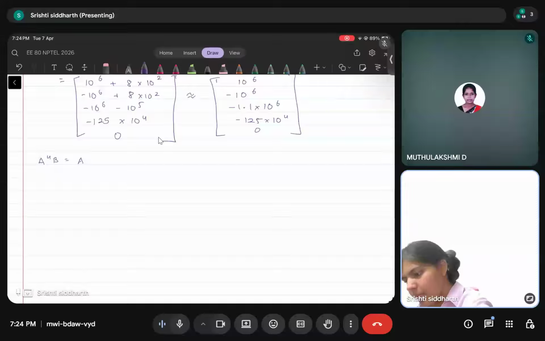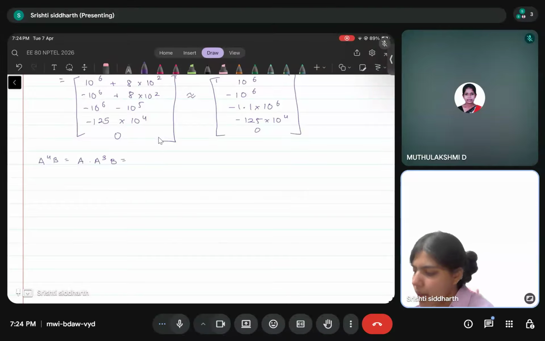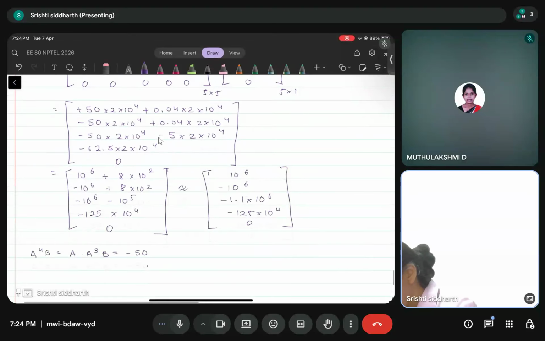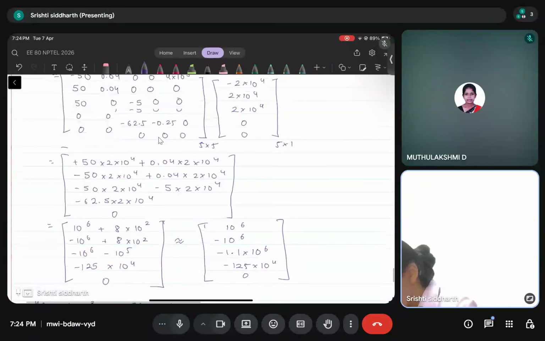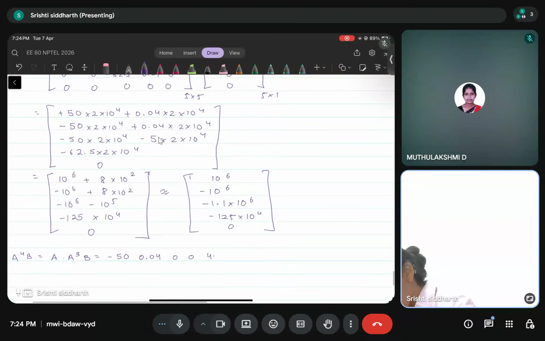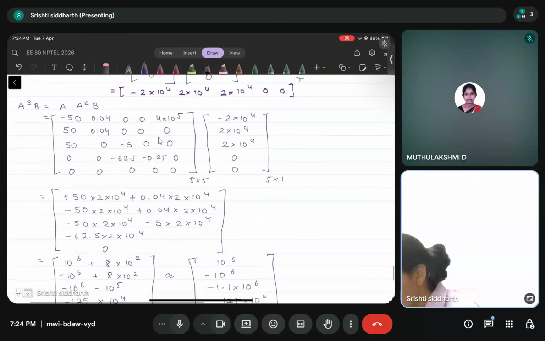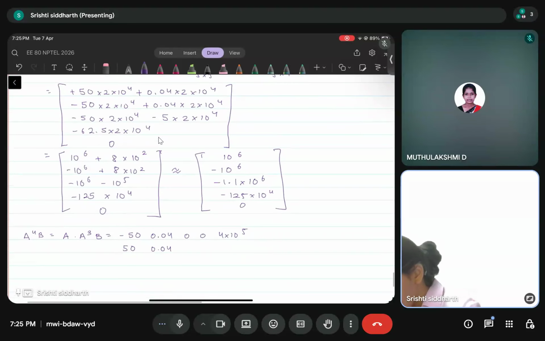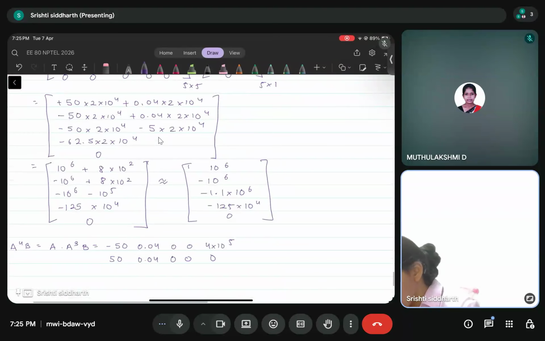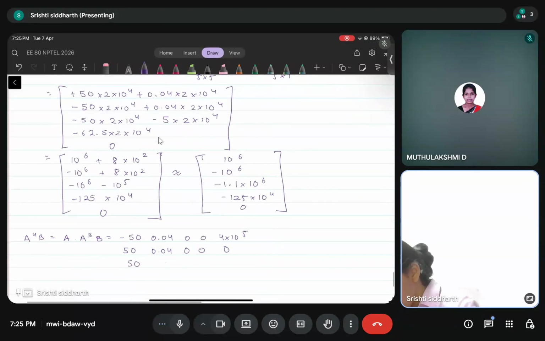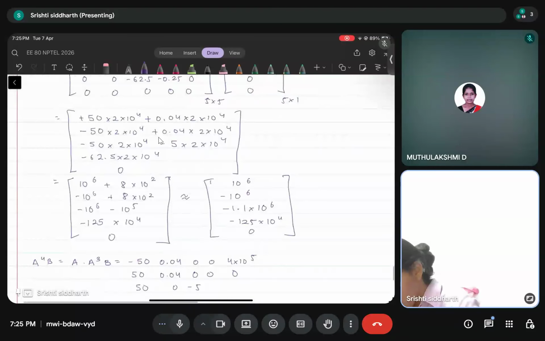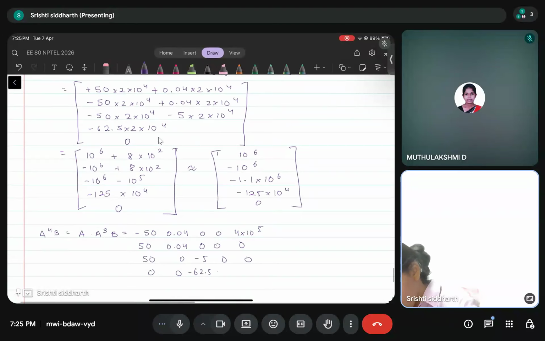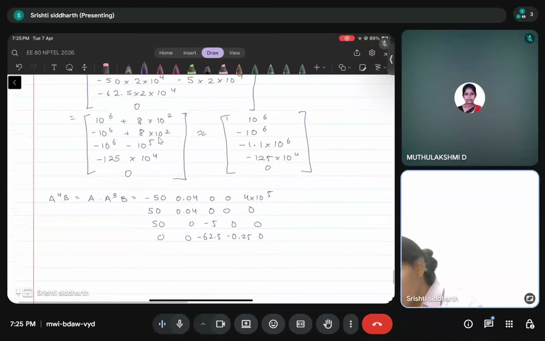Okay, so this is A times A cube B. And let's rewrite A. This is minus 50, 0.04. And then the last row is 0.